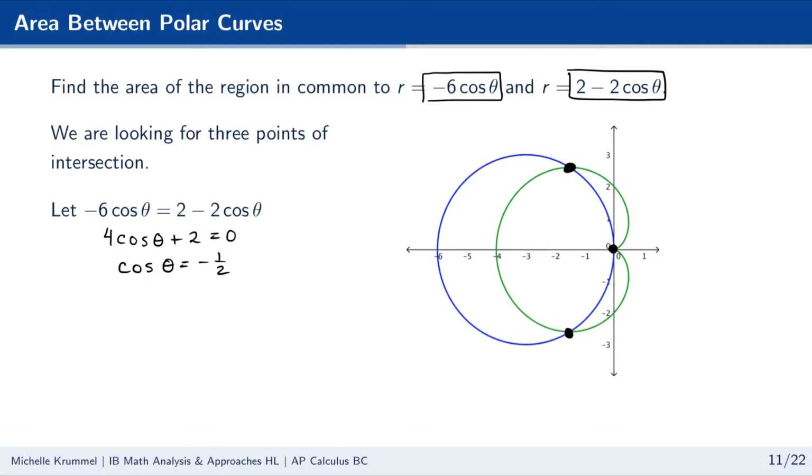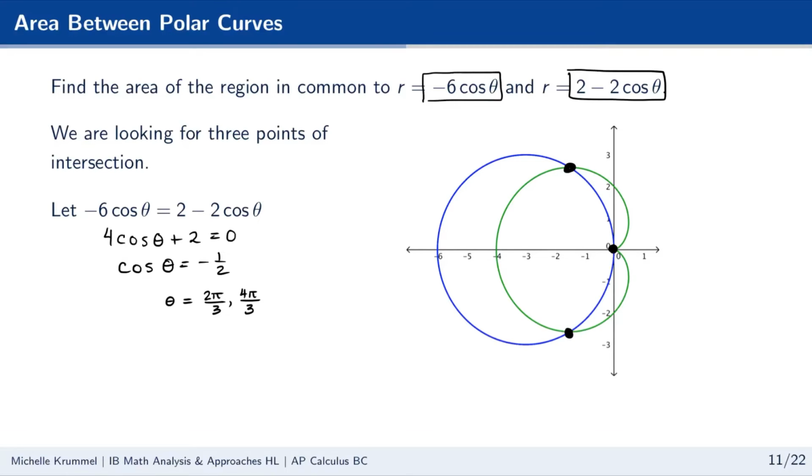And so just thinking about the unit circle now, where does cosine of an angle equal -1/2? So negative in quadrants 2 and 3, and the reference angle is 60 degrees or pi over 3. So it'd be 2 pi over 3, that's the quadrant 2 angle. And then 4 pi over 3, that's the quadrant 3 angle.